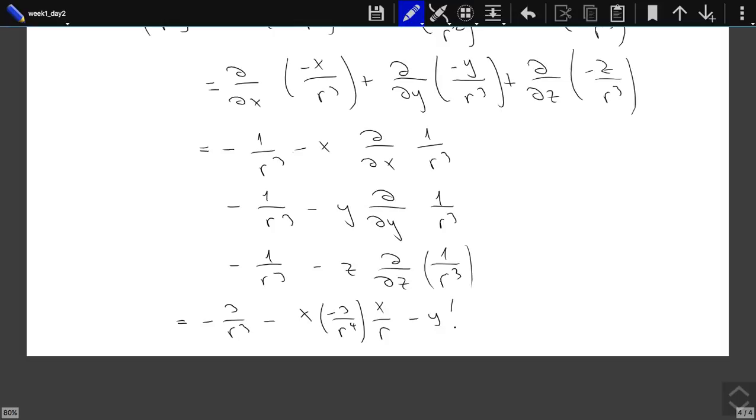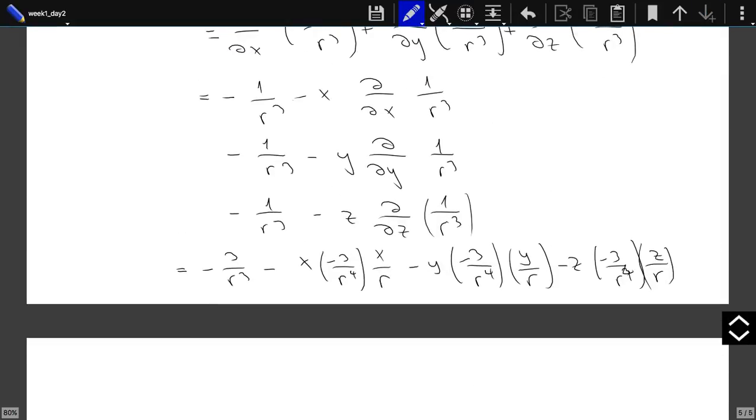Similarly, minus y times minus 3 over r to the 4. The derivative of r with respect to y is just y over r. Minus z times minus 3 over r cubed, r to the 4 times z over r. Everything has a common minus 3 over r to the 5, so I can just take minus 3 over r to the 5 out.